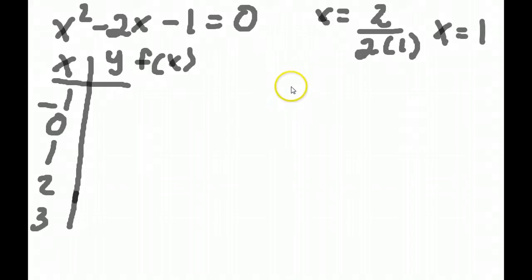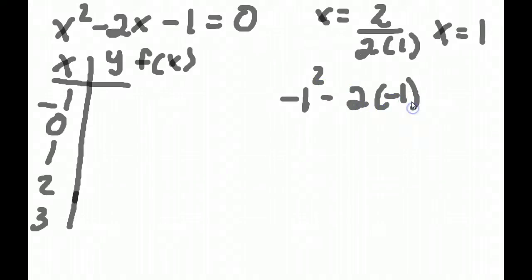So we have negative 1 squared minus 2 times negative 1. Sorry, I keep doing this. Hold on.